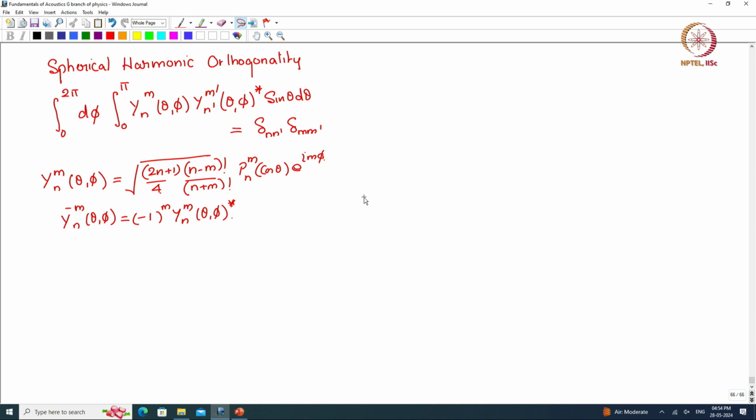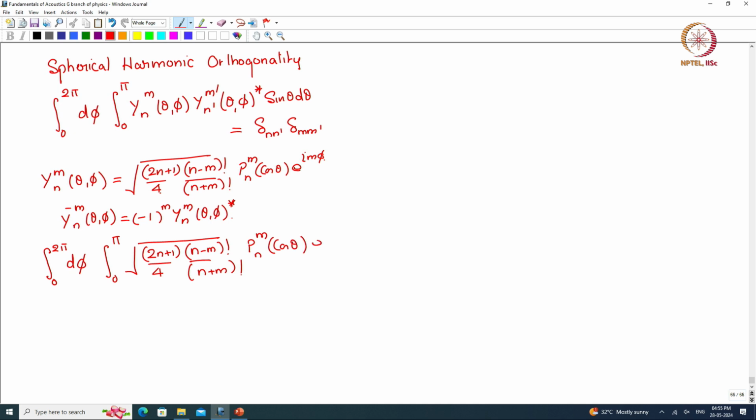If I try to do this, I have the integral 0 to 2 pi d phi, integral 0 to pi, Y_n^m, which is square root of (2n+1)/4 pi (n-m)!/(n+m)! P_n^m(cos theta) e to the power i m phi.